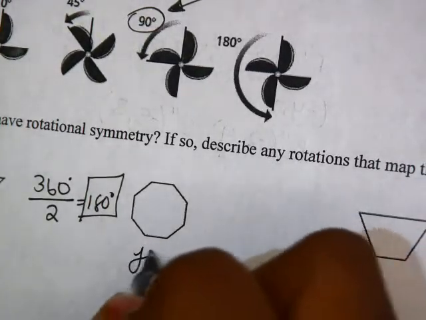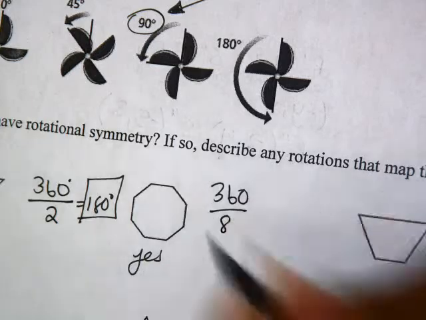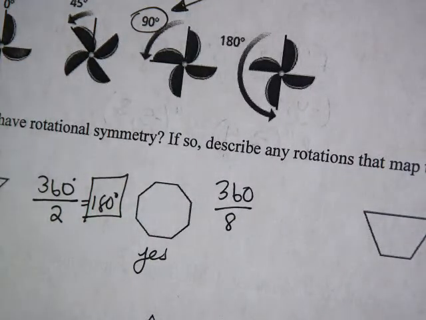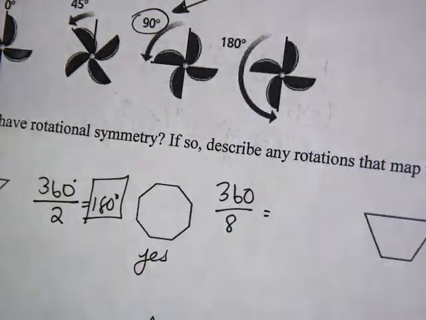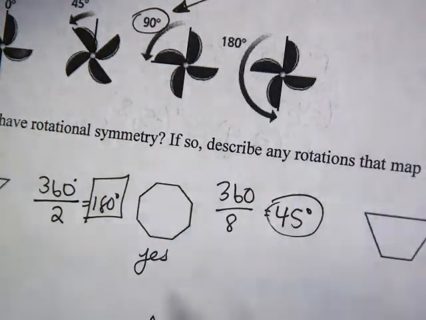So this definitely has rotational symmetry. We could have turned it 8 times out of 360. So if we take 360 divided by 8, that'll give us the degree, the angle of rotation. And that's 45 degrees. So this has a rotational symmetry of 45 degrees.